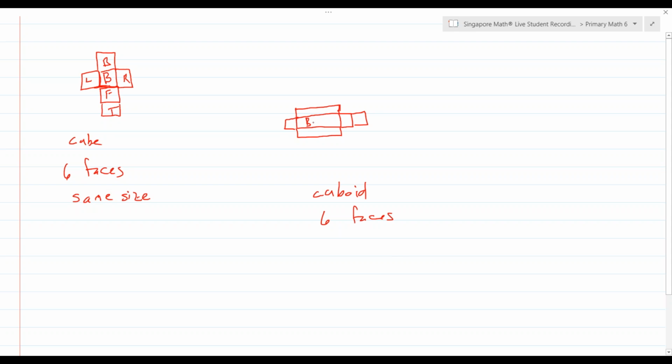If I think of this as the base, it's fine to think of this as the back, the front, the left side, and the right side. What do I need for my top? Is this the right size for the top of that cube? And the answer is no. That won't work for the top because when I try to cover it, it won't cover. The top would need to be the same size as the base. So I could put one over here and make that the top, but I can't put a small square on this side to make it the top.